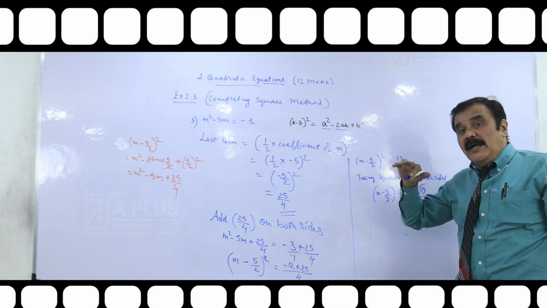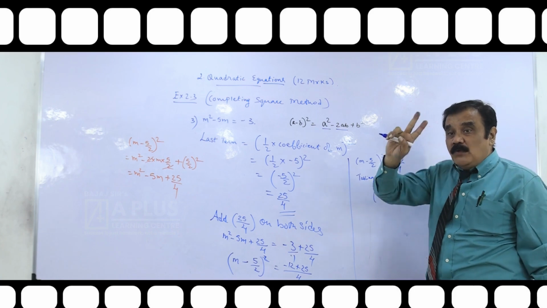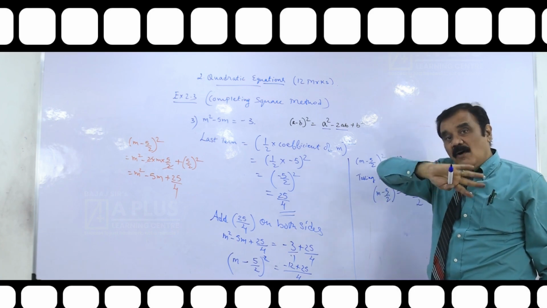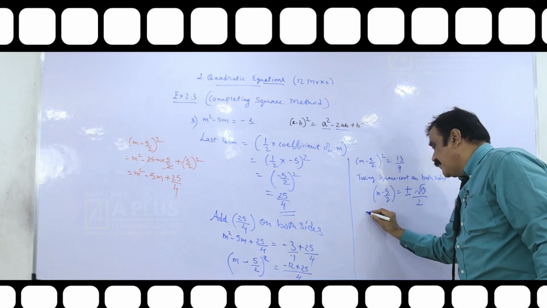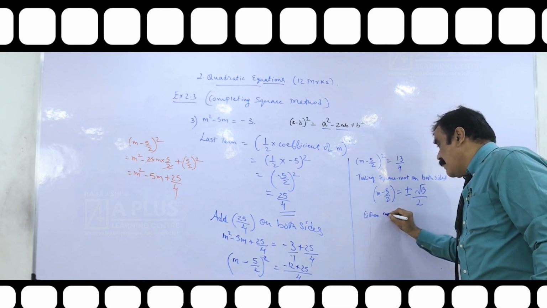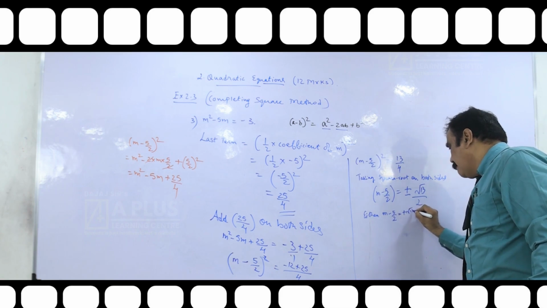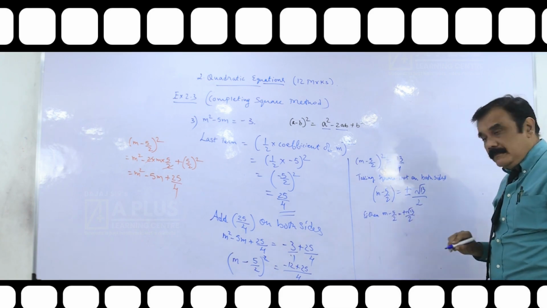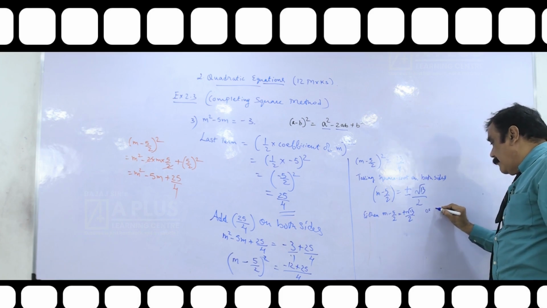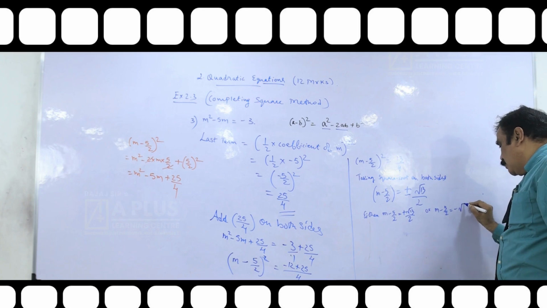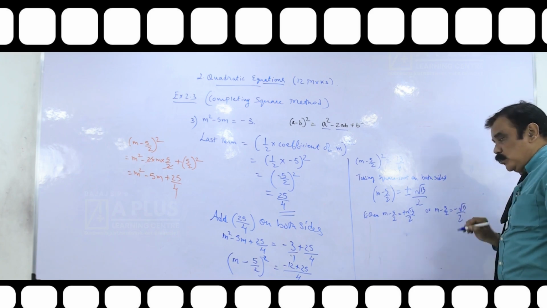Quadratic equation, what you get? You get the value of m twice. Either or. So what will I get here? Either m minus 5 by 2 is equal to plus root 13 upon 2, or m minus 5 by 2 is equal to minus root 13 upon 2.